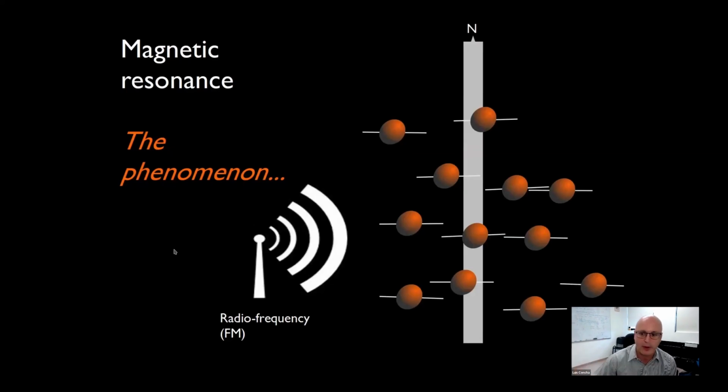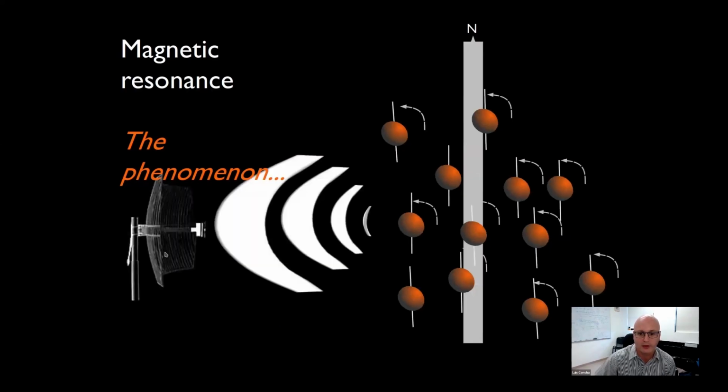So now that they are pointing to us, we can turn off this radio frequency, and naturally, these bar magnets will return to their original position, that is, pointing towards the main magnetic field B0, and in doing so, they will release back this extra energy that we had provided in the form of radio frequency.